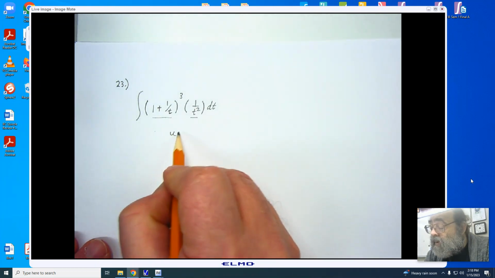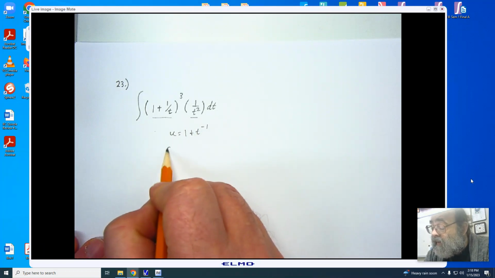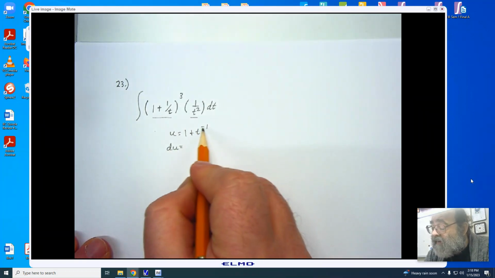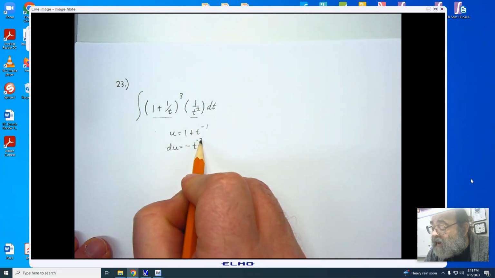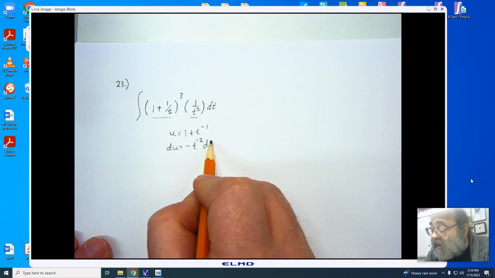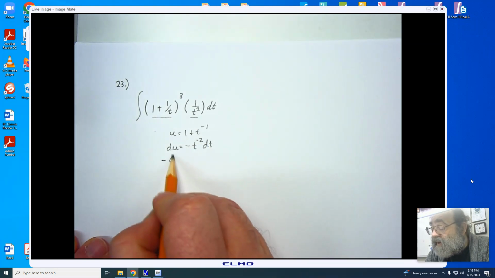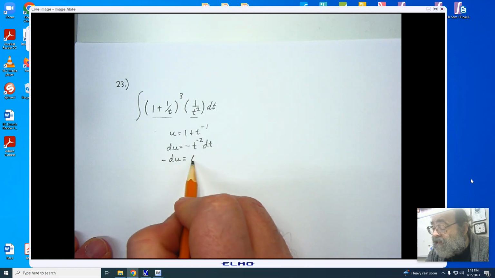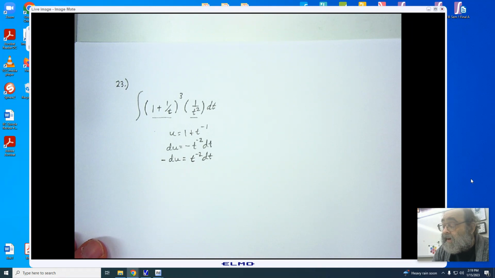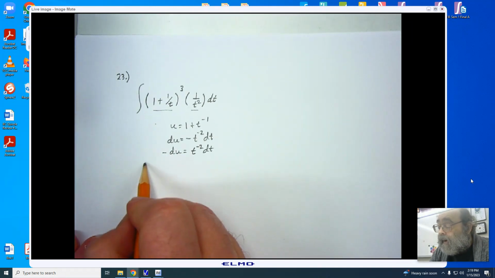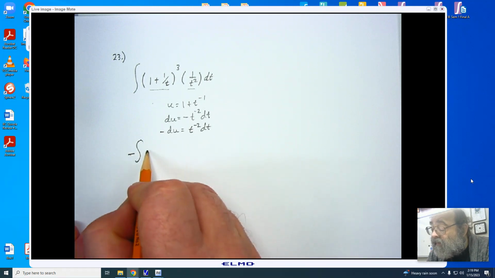If I let u equal 1 plus t to the minus 1, then my du ends up having a negative that comes out in front: negative t to the minus 2 dt. I'm going to move the negative to the other side so that I have the negative dt. There we go, the negative t to the negative second. Now I can substitute it directly, putting the negative out in front.